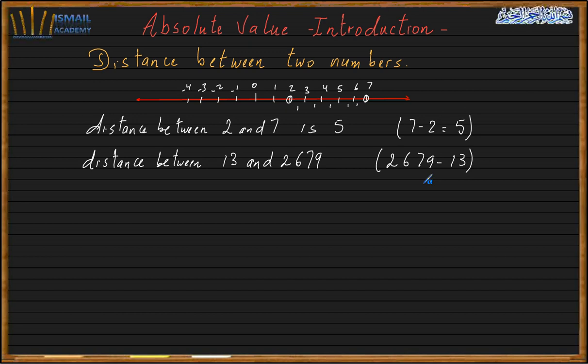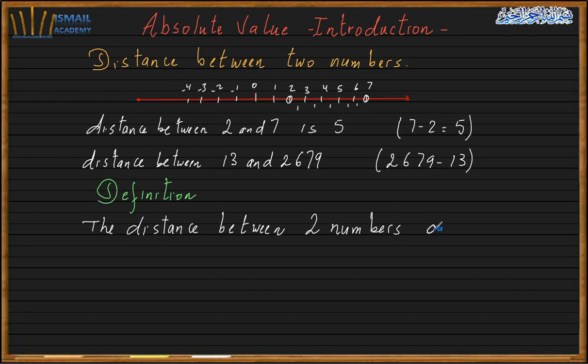So the distance between two numbers, say A and B: if A is greater than B, then the distance is A minus B, which will be the greatest minus the smallest.